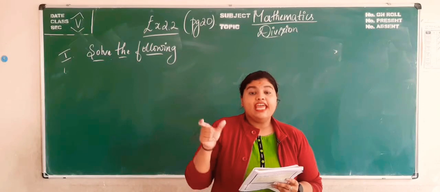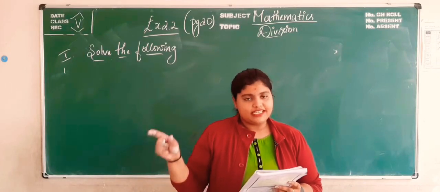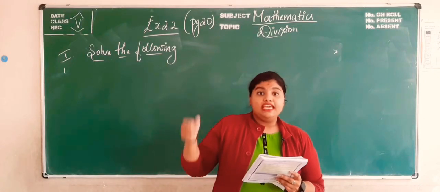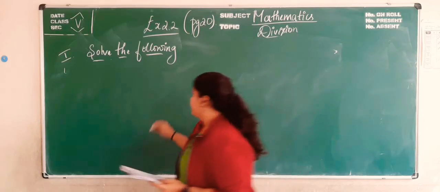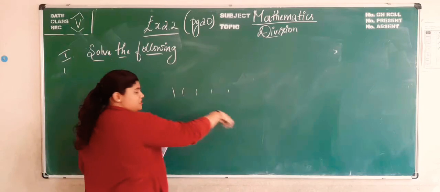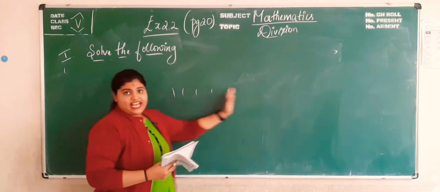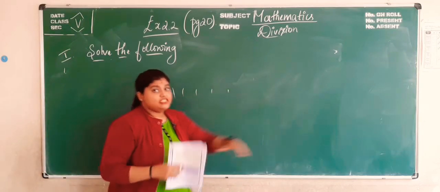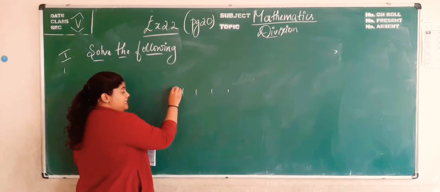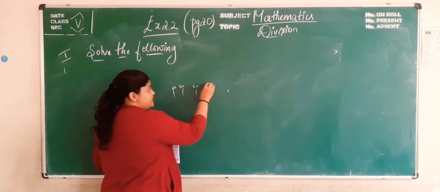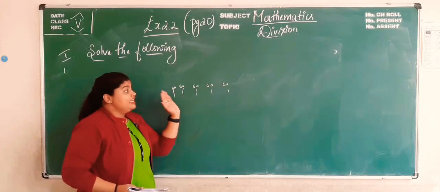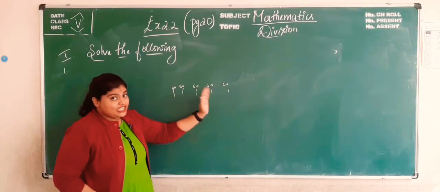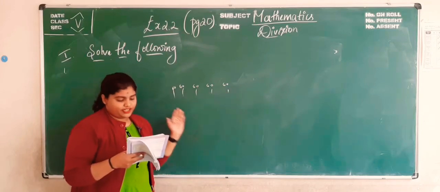Imagine these are orange plants. Similarly, I have 82 orange plants. In each orange plant, he is plucking 60, 60, 60. In all those 82 plants, he is plucking 60 oranges in each.